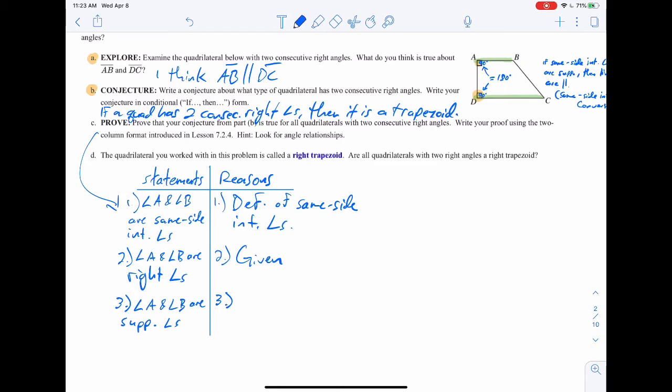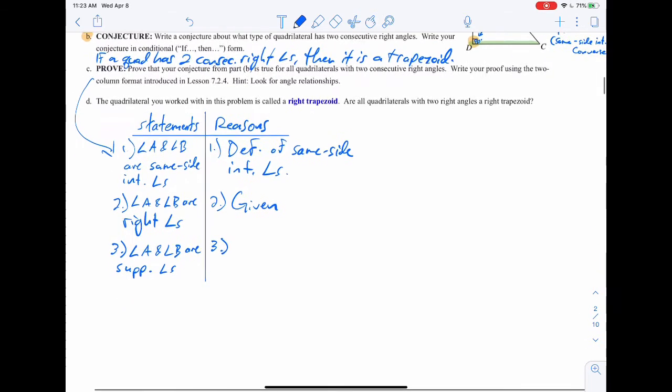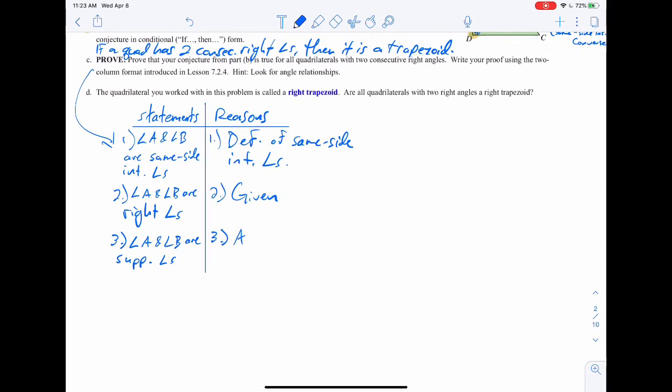Think about what reason you would write to go with statement 3. Hopefully you wrote or thought of something like, we could say two right angles will always be supplementary, because 90 plus 90 will always equal 180. Something like that. If you wrote 90 plus 90 always equals 180, that's fine as well.